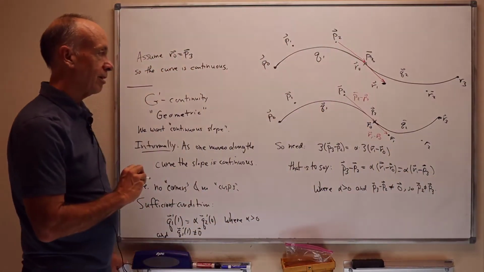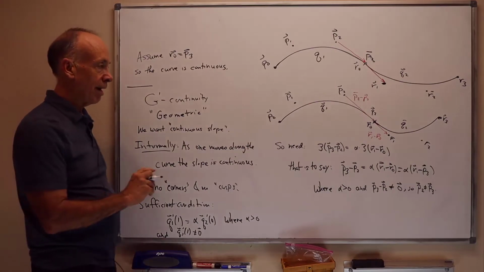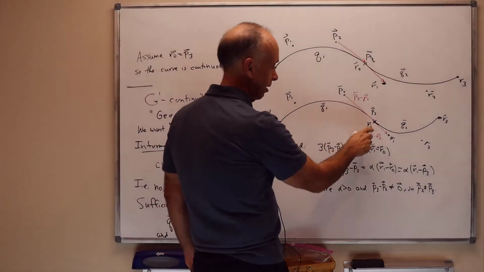And this is sufficient for G1 continuity. If we have this condition, the curves will join up smoothly.